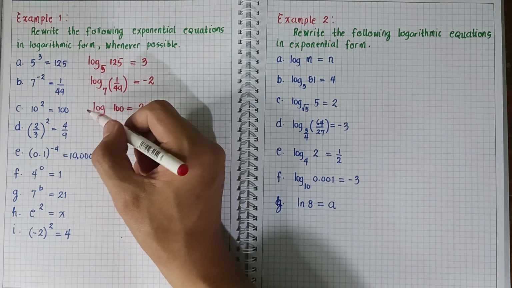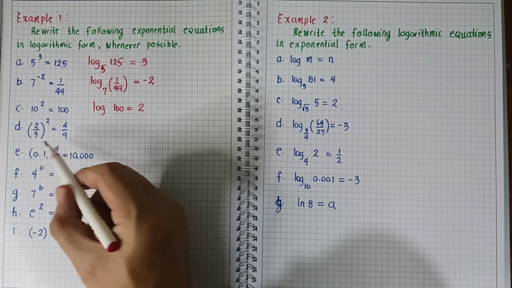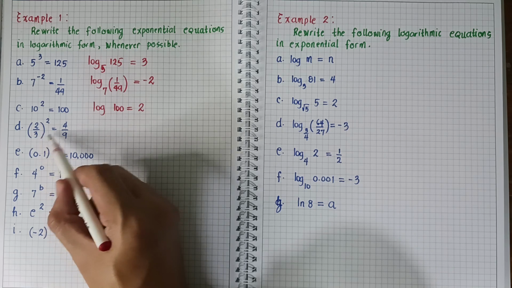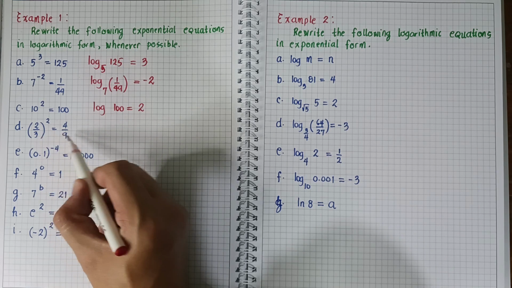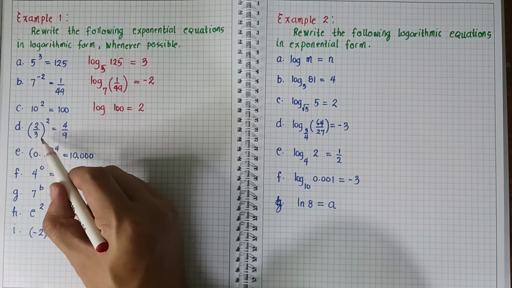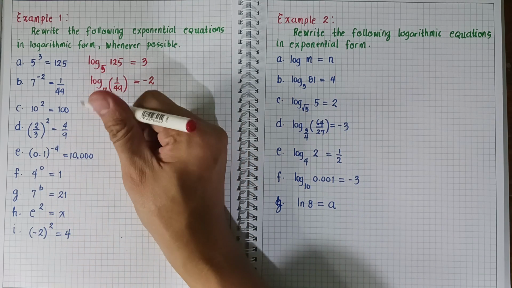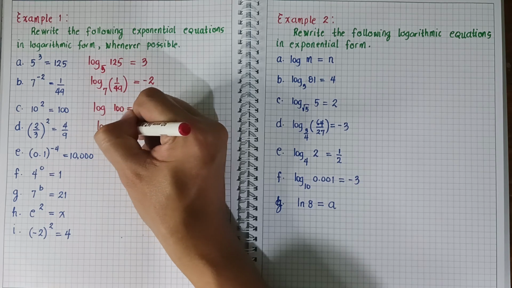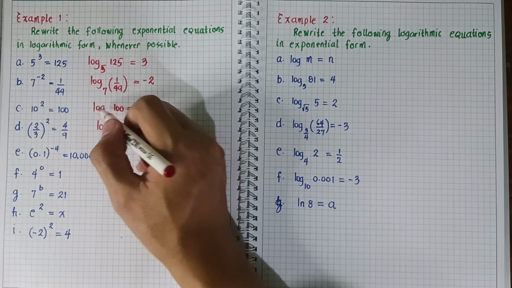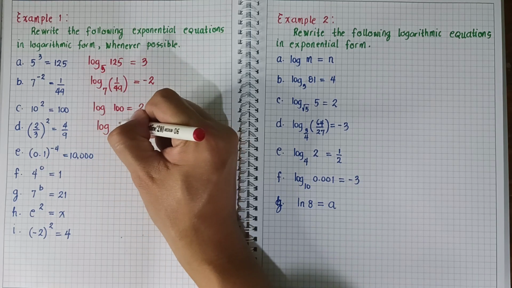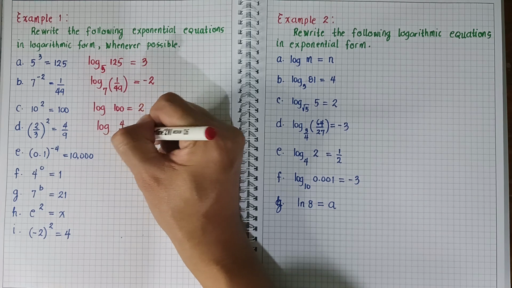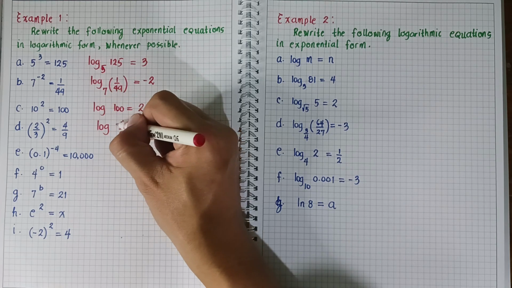Okay, next, another example, letter D, parenthesis, 2 over 3 close, raised to the second power equals 4 over 9. So, this becomes the logarithm of what? 4 over 9. Does it make sense to put the parentheses?